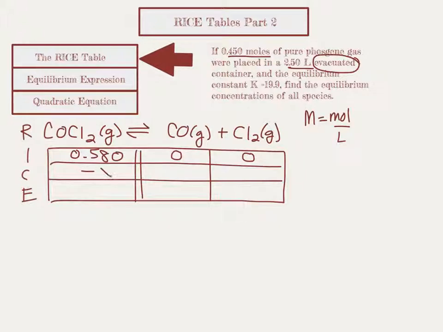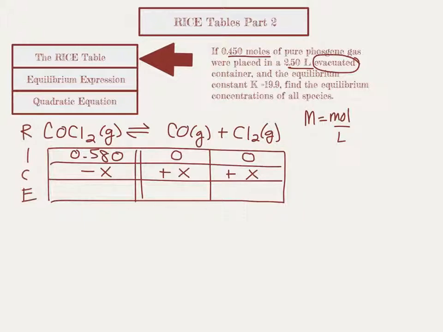We know that some x amount is going to leave the reactant side, and since there's a 1-to-1 ratio for all of my chemicals in the balanced chemical equation, that same amount of concentration will increase for my products.